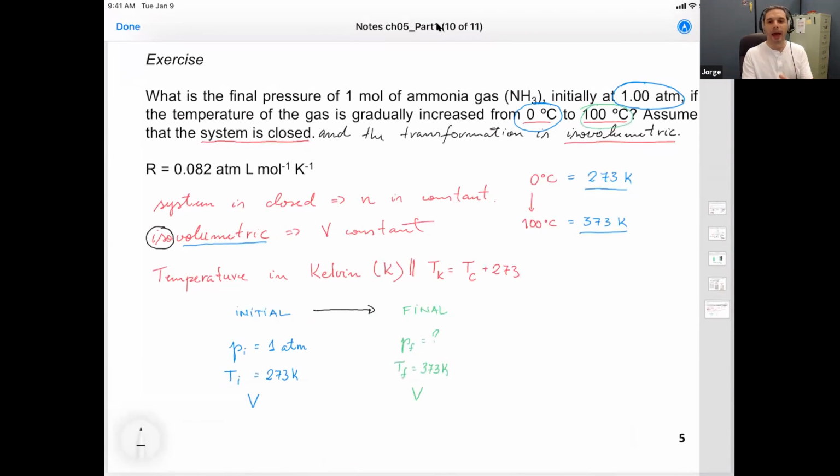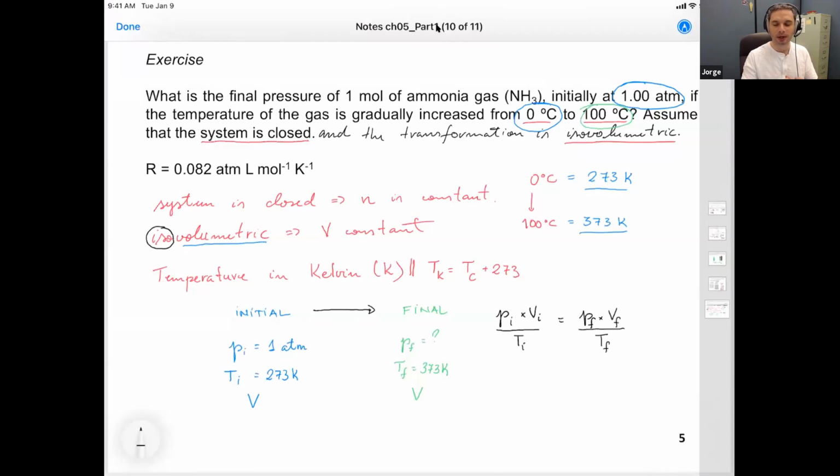Okay, every time that we have a gas transformation, I can say that the initial pressure times the initial volume over the initial temperature has to be equal to the final pressure times the final volume divided by the final temperature.